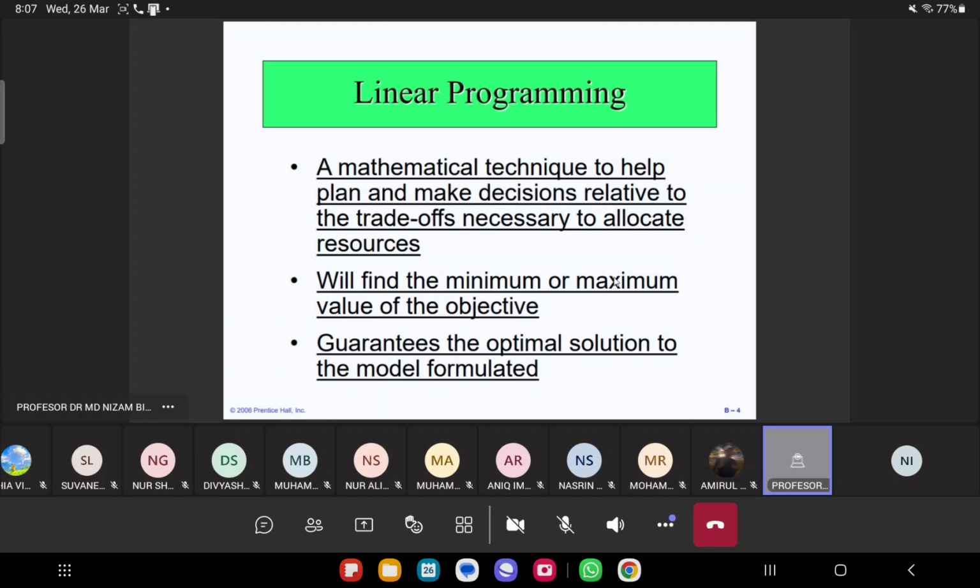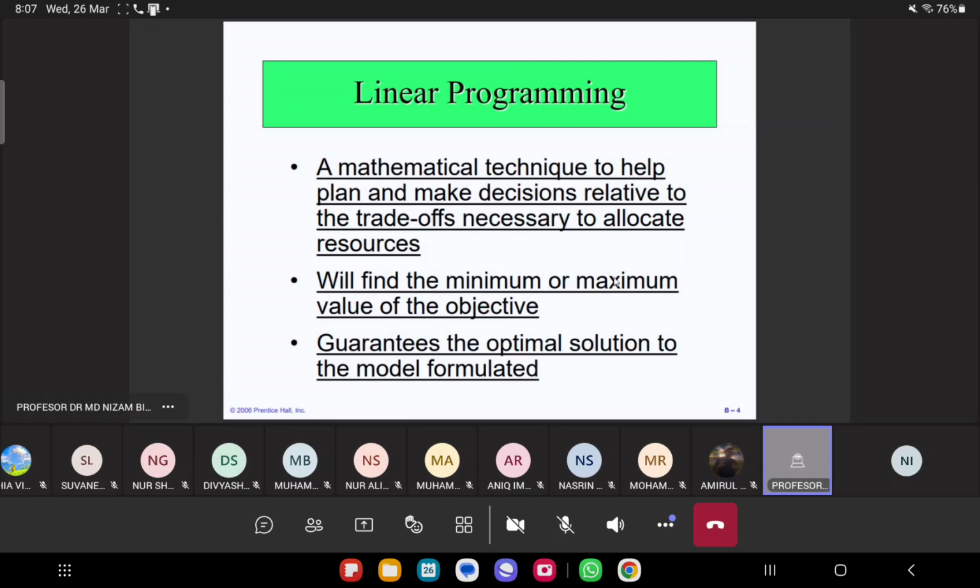So linear programming is a mathematical technique to help plan and make decisions relative to the trade-offs necessary to allocate resources. What it says is this: if you're in the manufacturing industry, to achieve, let's say, a target of a certain profit level, you have limited resources that you can use to achieve that goal.